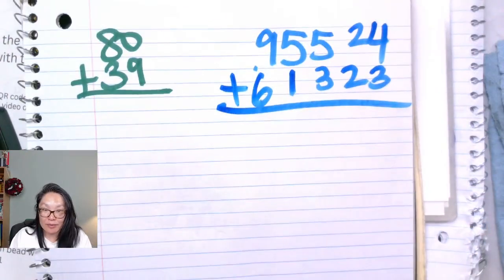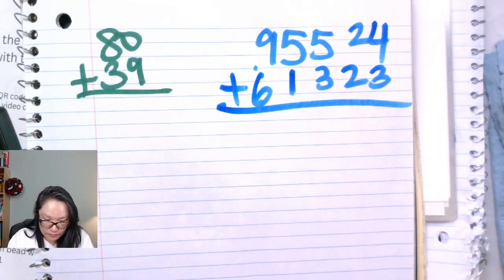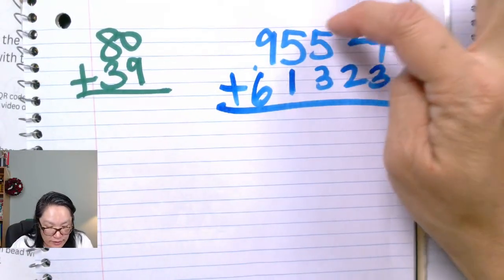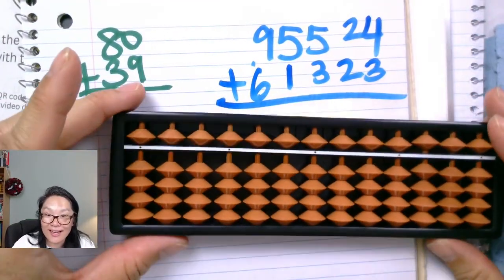All right, I just made up some numbers. Let's see how this goes. 1, 2, 3, 4, 5. Oh, that's the wrong one. I did too many numbers. All right.